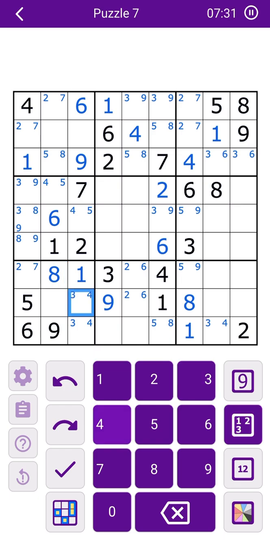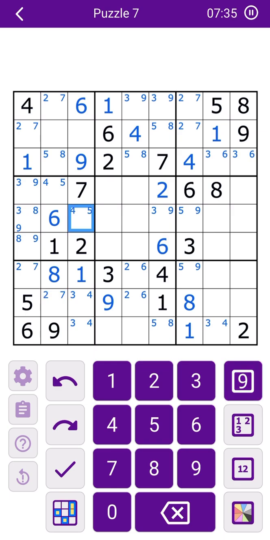Because now we know 3 and 4 have to go there, and 2 and 7 have to go there. So now we can fill in these notes. That will be 5, and that's going to be 4. And if that's 5 here, then we have 8 up here, and we can put 3 there. 5 goes there, and 8 goes there.